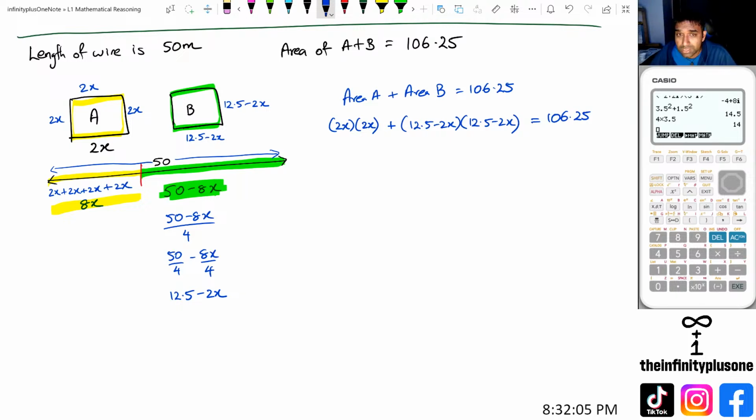So I'm going to slowly work this through. I've got 2x times 2x, which is 4x squared. Then I've got to do the whole FOIL thing. So I've got 12.5 times 12.5. I'm going to start using the calculator for this. Is that 60? No. It's 156.25.